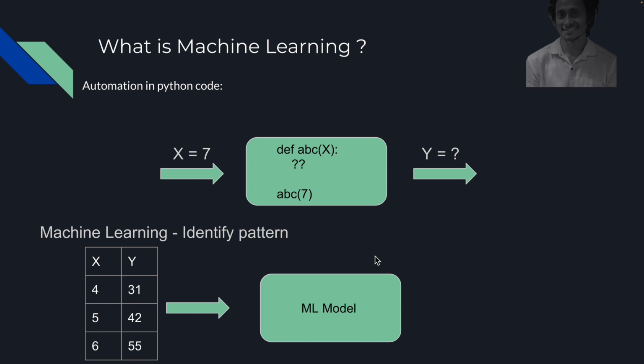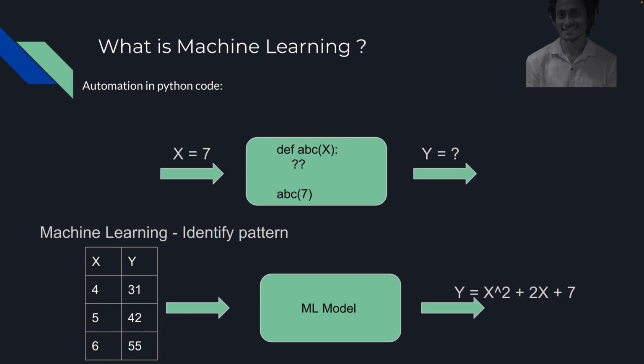This model will use some mathematics in the back end internally. It will use some approach and it will be able to come up with the logic as accurately as possible. In this case, that is y is equal to x square plus 2x plus 7. As you can see, that is the right logic.